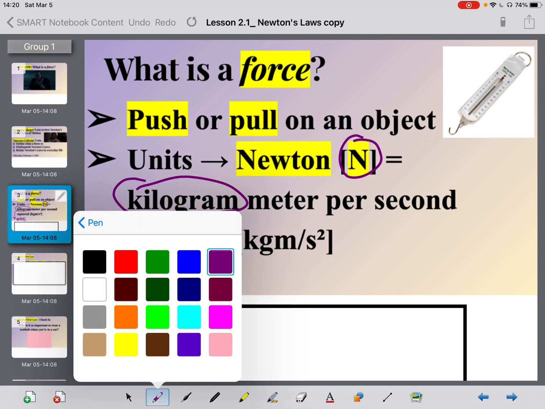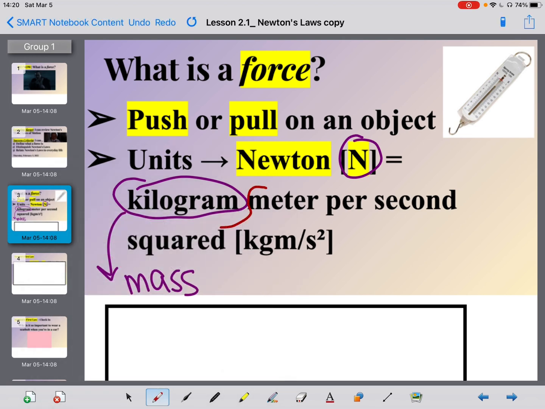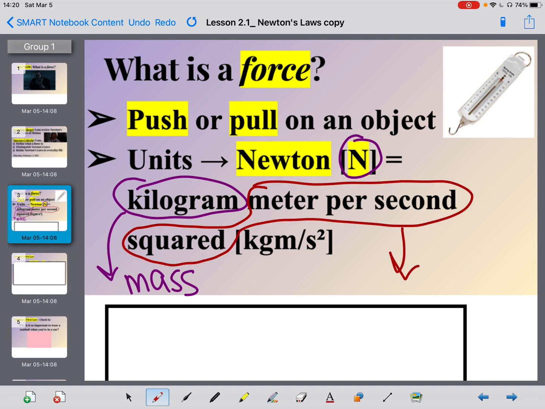Then we have this meter per second squared, which refers to an acceleration, if you recall that from kinematics, okay? Meter per second squared has this division line because it is a distance divided by time squared, right? So distance is meters, and then it's divided by seconds squared. So we say the word per to indicate that.